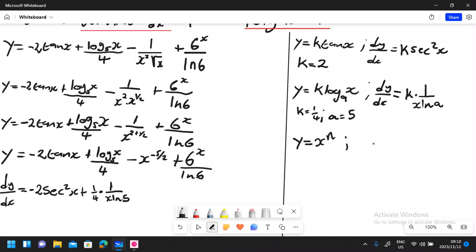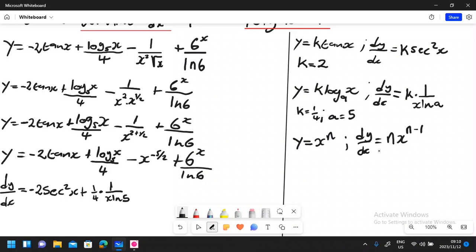And then when you find dy over dx, let me just write it very quickly. The formula is very simple here, guys. It's n multiplied by x to the power of n minus 1.